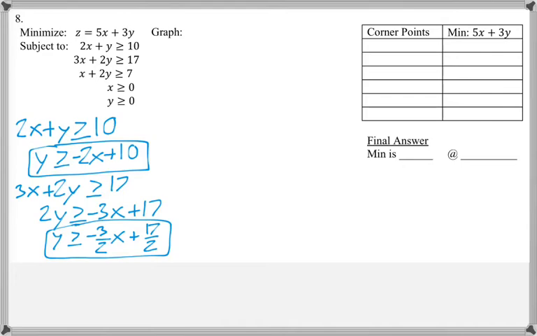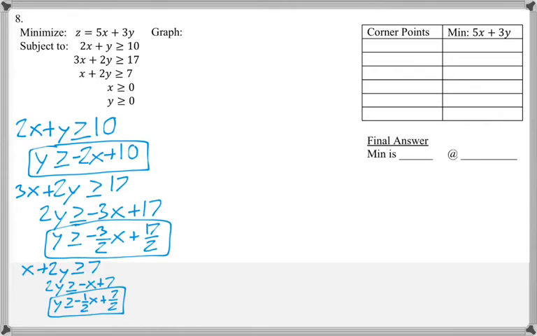And then lastly, x plus 2y is greater than or equal to 7. I want to subtract x from both sides and then divide everything by 2. So negative 1/2 x plus 7 over 2.